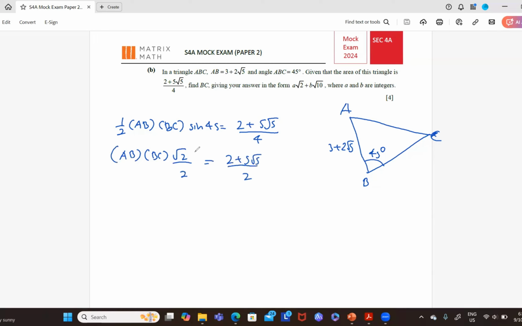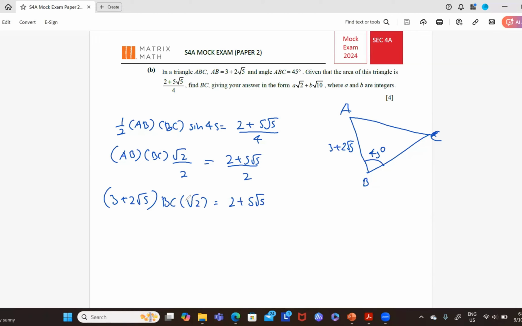Usually I write 1 over square root 2, but I'm purposely writing this as square root 2 over 2 to just match up with the denominator over here. So from here, you can just extract the numerator out now. So AB, I'm not going to write it as AB now, I'm just going to write it as 3 plus 2 square root 5. Then BC, square root 2 equals 2 plus 5 square root 5.